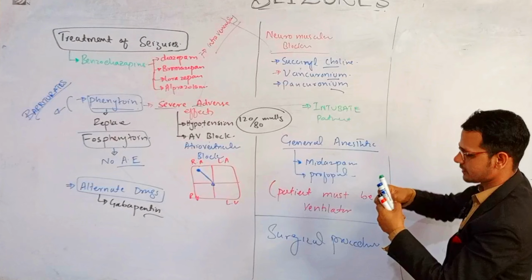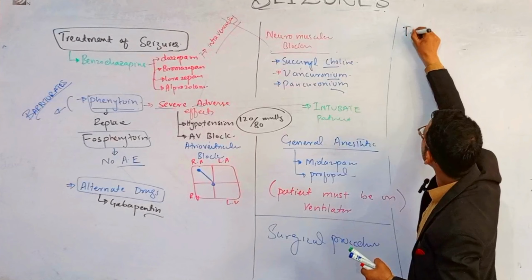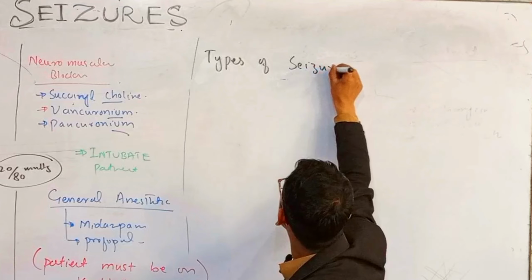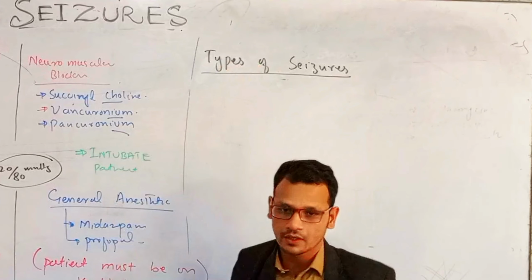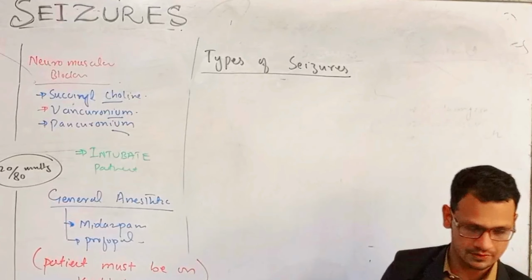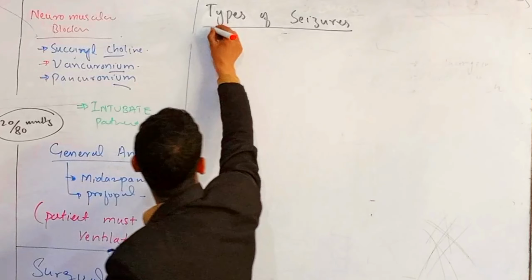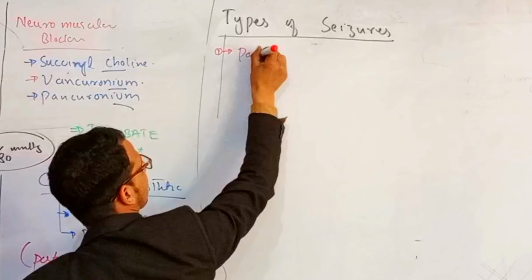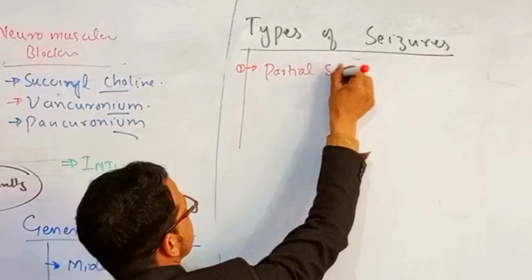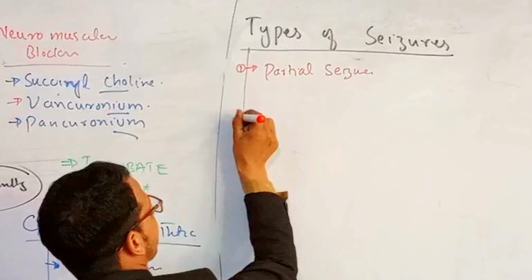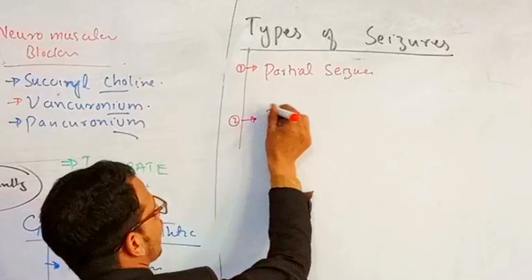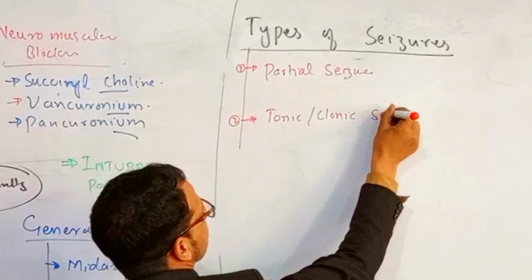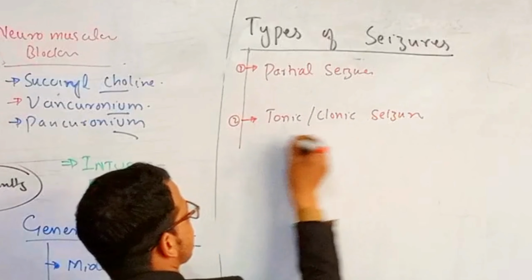What are the types of seizures first? There are three main types of seizures. One is partial seizures. Second is tonic-clonic seizures.